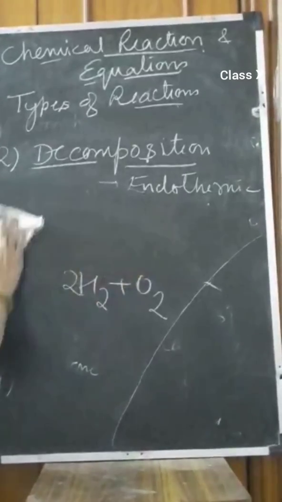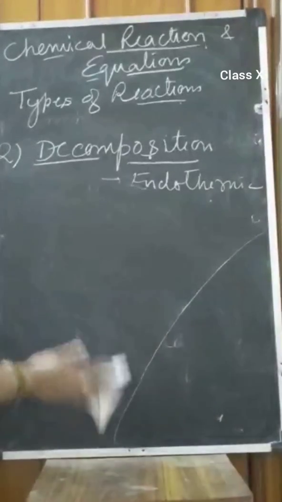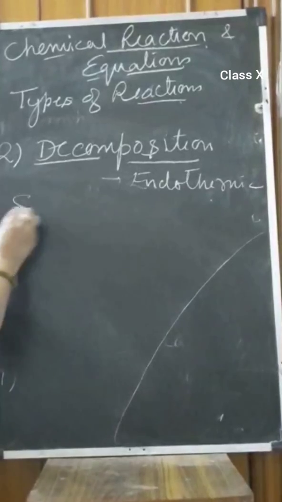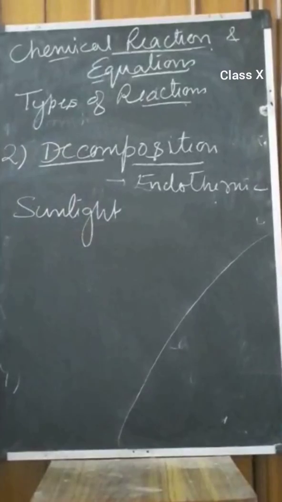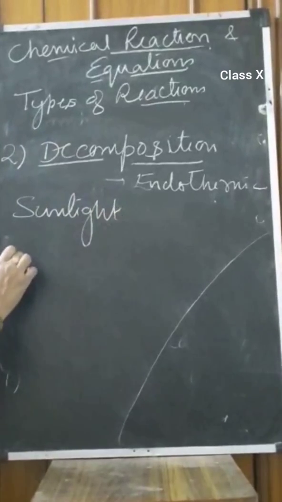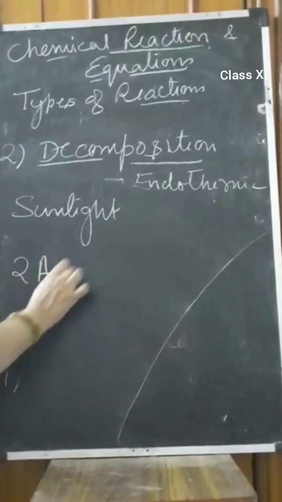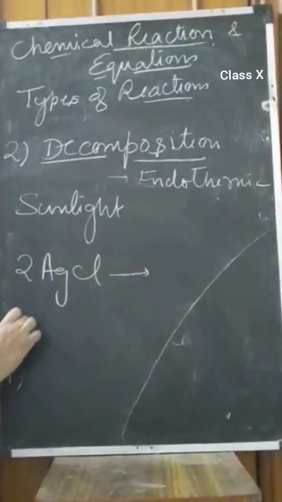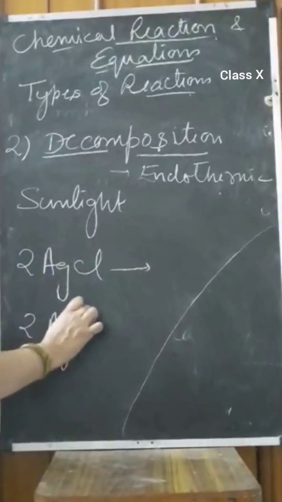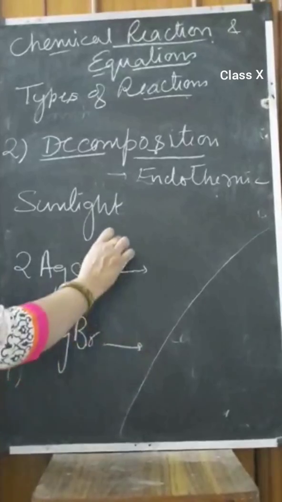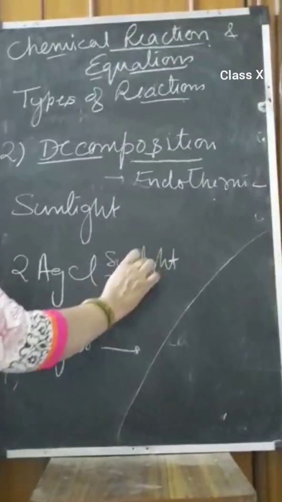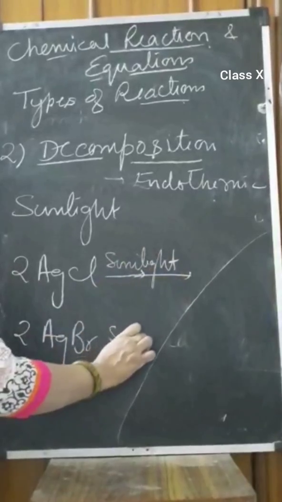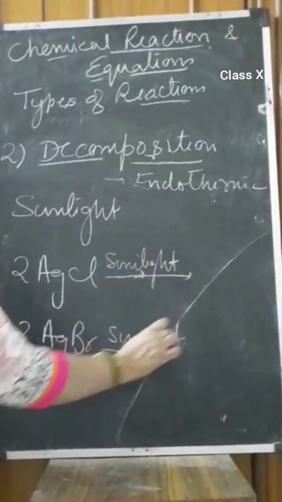The next is the decomposition reaction in the presence of sunlight. Suppose, for example, we take silver chloride or silver bromide, which is also used in photography, and we keep it in sunlight.